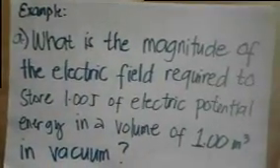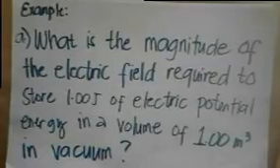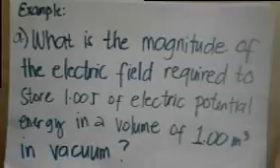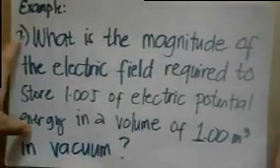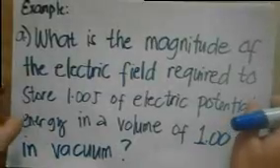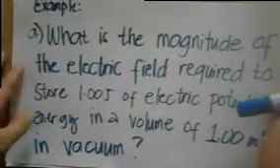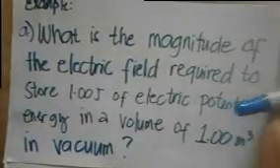Problem A. What is the magnitude of the electric field required to store 1 joule of electric potential energy in a volume of 1 cubic meter in vacuum? So first, we are to find the electric field, and we are given the electric potential energy, or energy density, of u equals 1 joule per cubic meter.